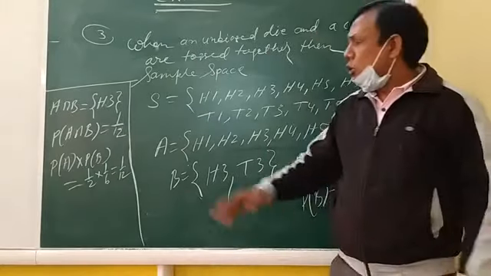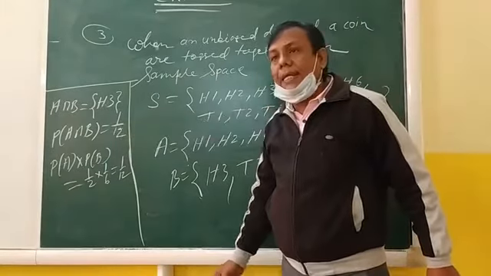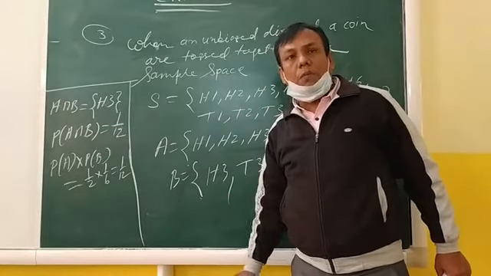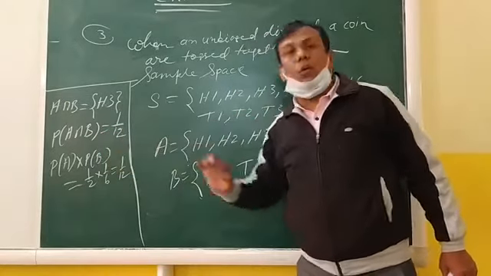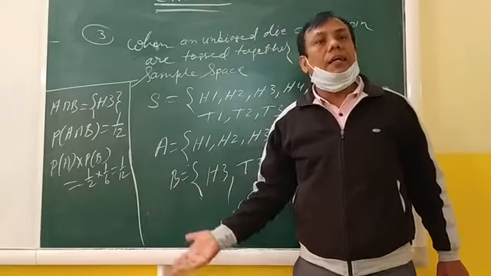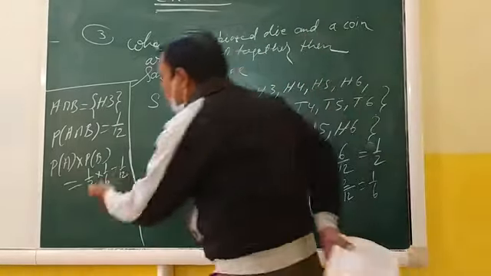Clear? So here we can see very easily that P(A intersection B) equal to 1 by 12. P(A) into P(B) is 1 by 12. Both are equal. It means that A and B are independent. So that we have to write.